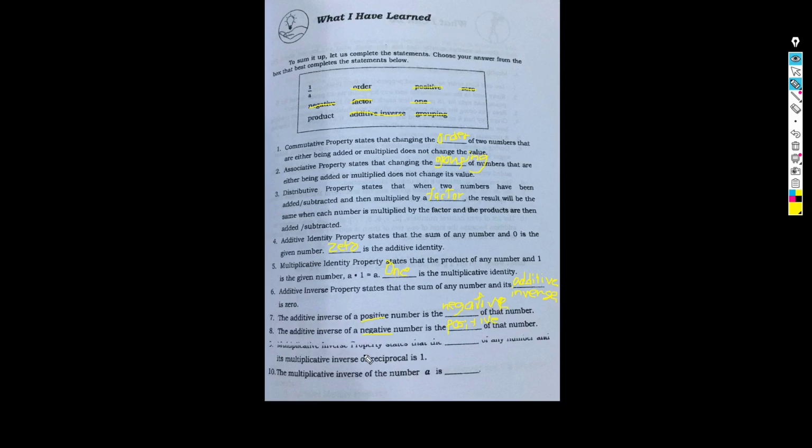Now, multiplicative inverse property states that the product, when you multiply a number and its multiplicative inverse, for example, a times 1 over a, is equal to 1. Product means you multiply.